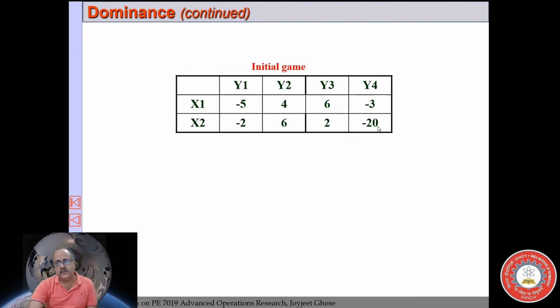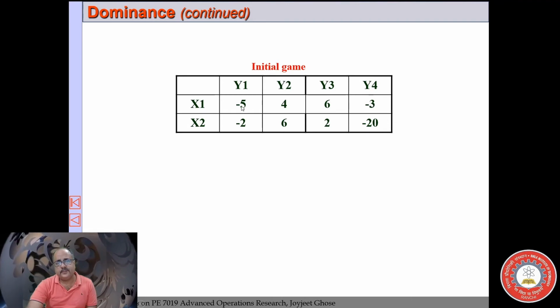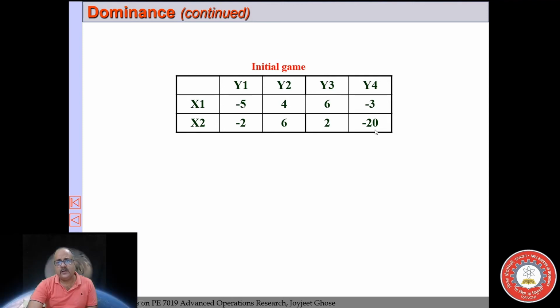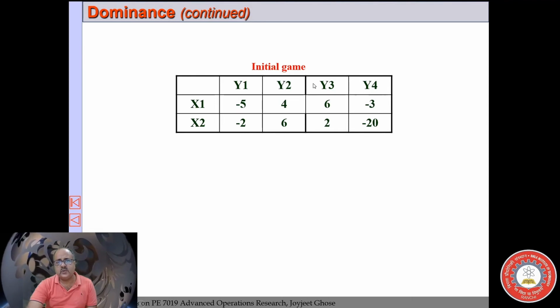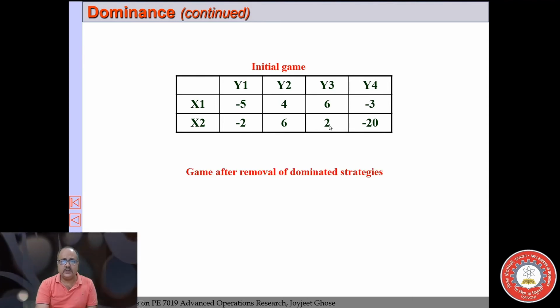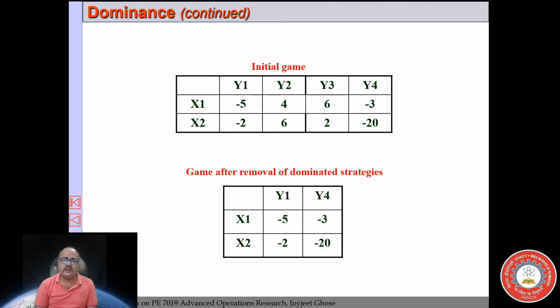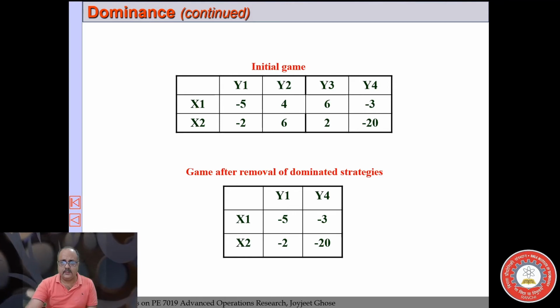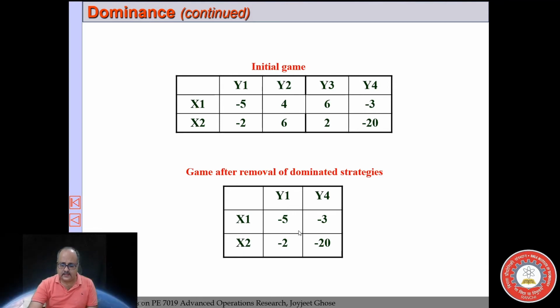But can we eliminate y4? -3 is greater than y1, but -20 is less than -2. So this cannot be eliminated. I can eliminate only these two by applying the rule of dominance. So this is the matrix after applying the rule of dominance. So this is how you apply the rule of dominance and solve the game. You can apply the algebraic method or the shortcut method and solve this game.